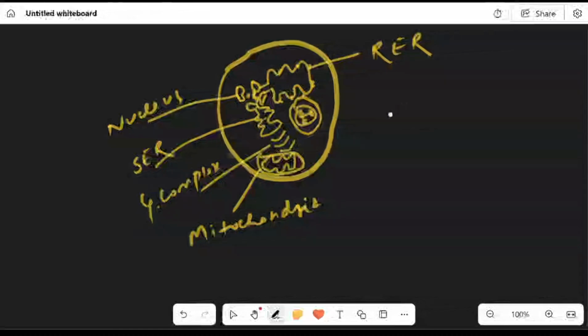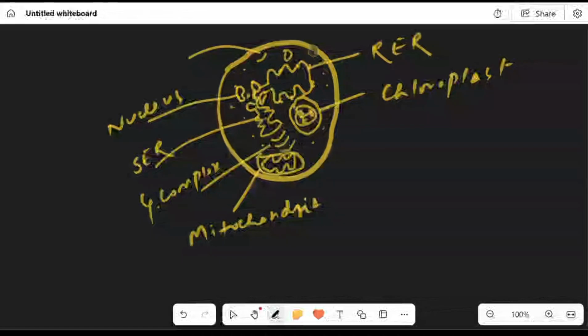Okay, this is the chloroplast. Then we have the lysosome, vacuole, and ribosomes. So lysosome, whatever you like to call. Then we have the vacuole, and this one has a ribosome.